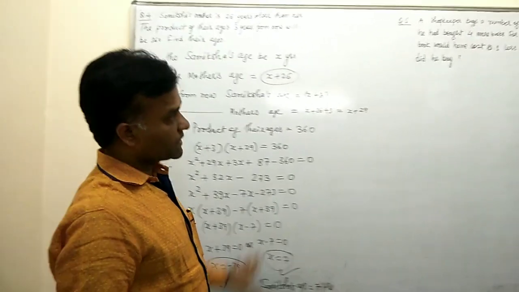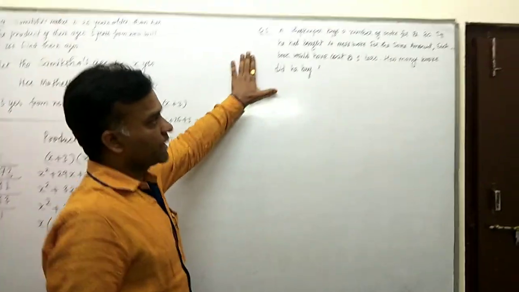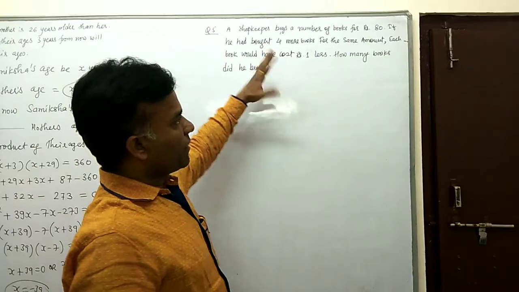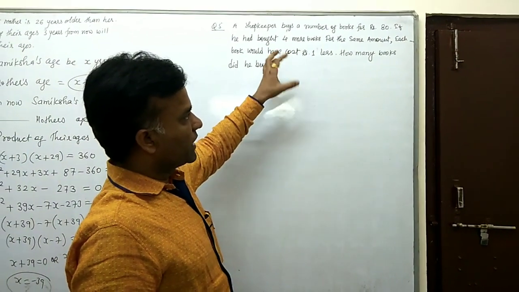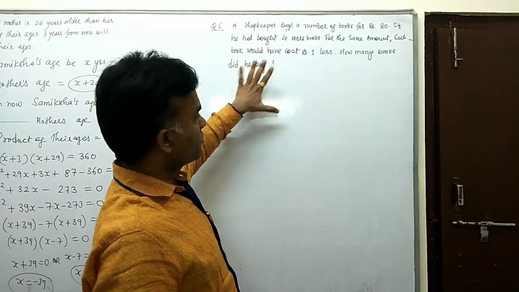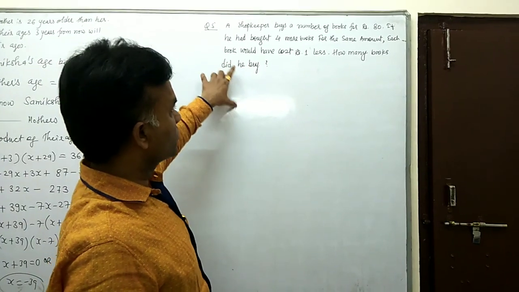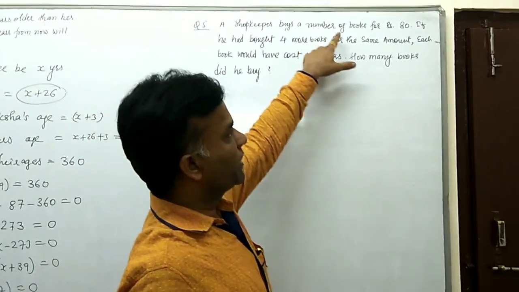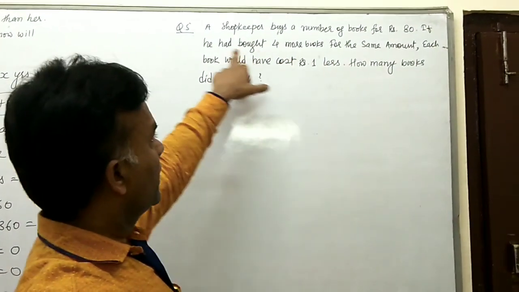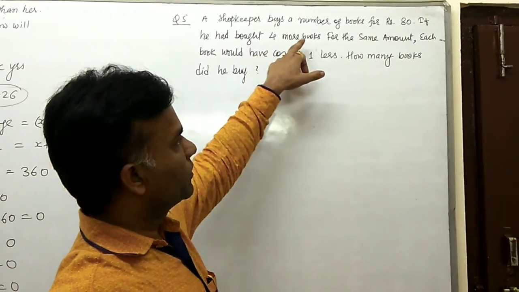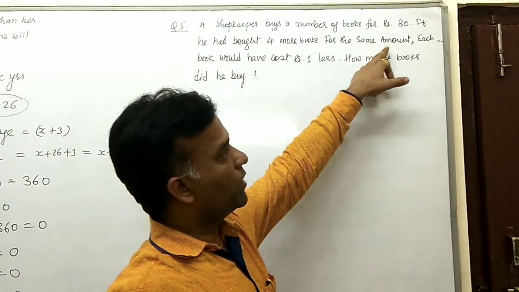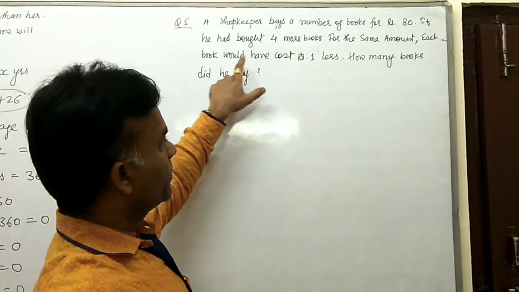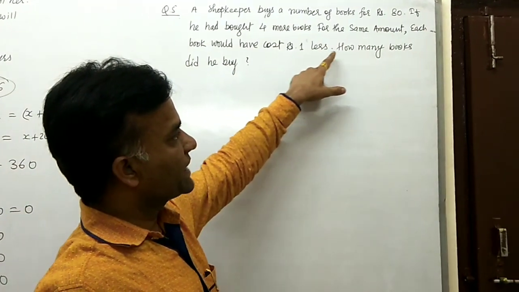Now we discuss another variety of questions, related to amount and cost. Read the question: a shopkeeper buys a number of books for rupees 80. If he had bought 4 more books for the same amount, each book would have cost rupees 1 less.